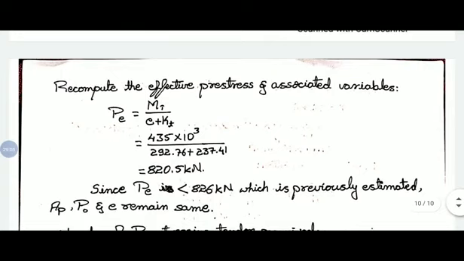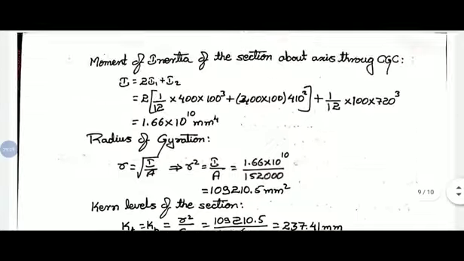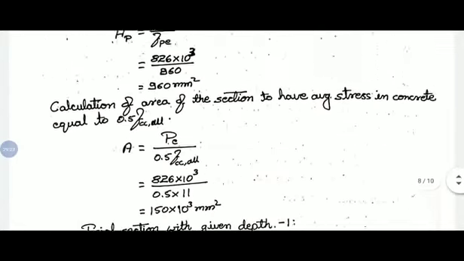So for that eccentricity, what is the effective pre-stressing force we will get? For that, MT by E plus KT, on substituting we will get 820.5 kilonewton. So here you can compare with the previously calculated effective pre-stressing force PE.